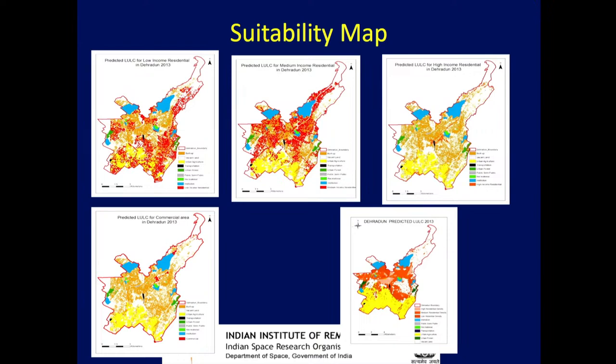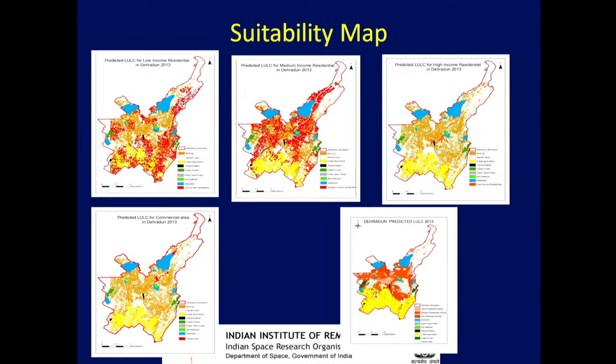So based on all these suitabilities, we can combine them together to generate the expected class of a particular piece of land that can be assigned in 2000 or in the near future. In this case, the future we are talking about is the case study of 2013.